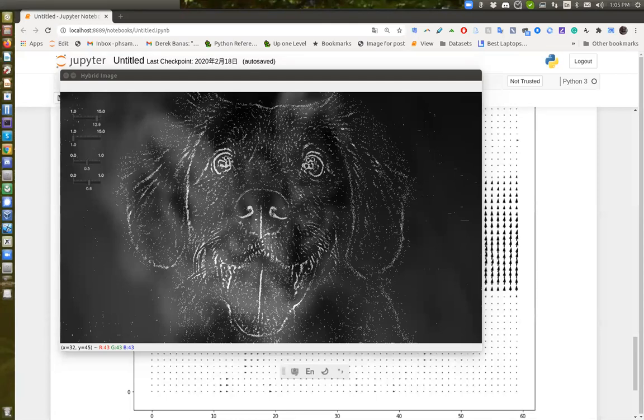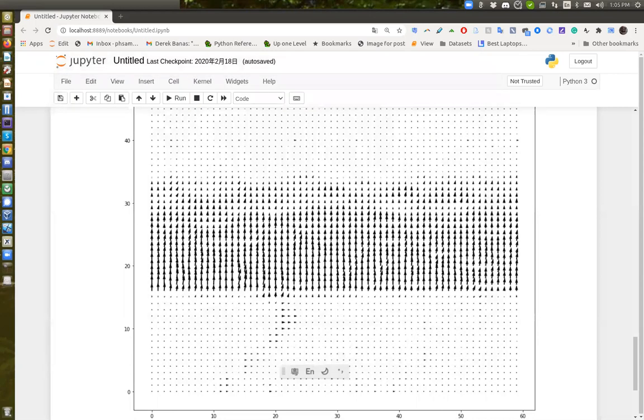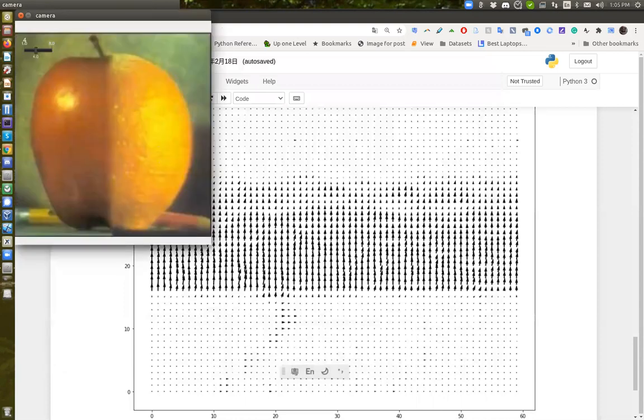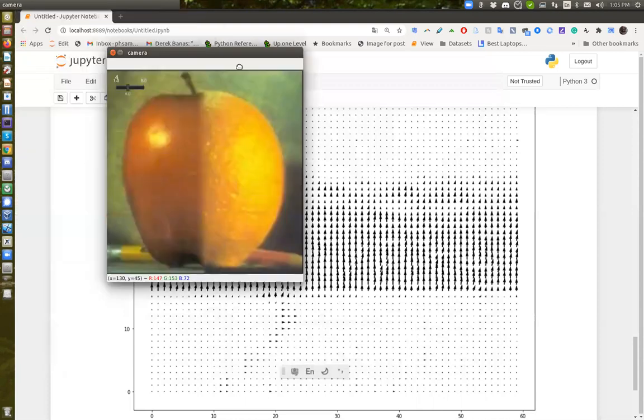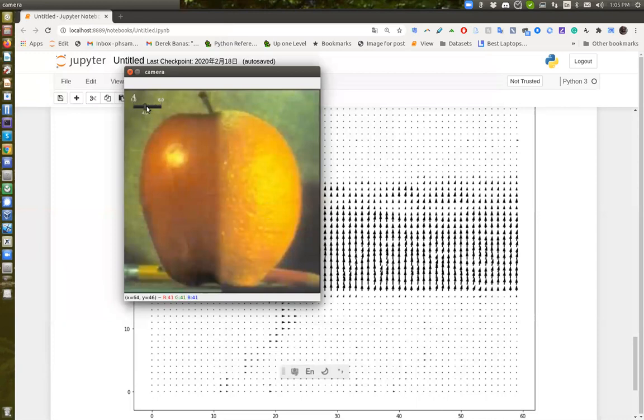What I mean is this track bar will give you extra credit, just like he's showing, with different levels of decomposition.